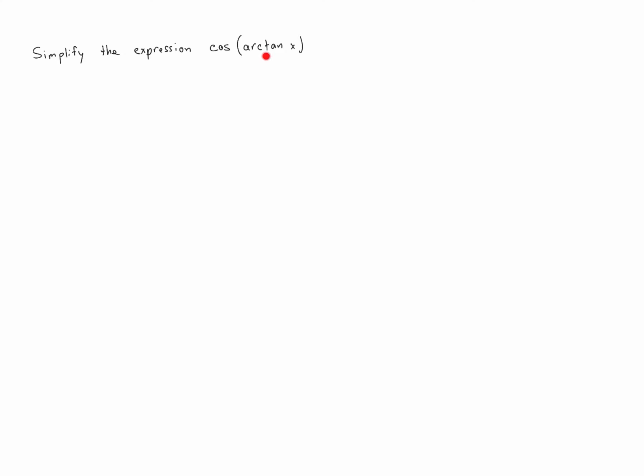Now, if we think about arctangent of x, what that means for us is what angle gives us a tangent that's equal to x. And we can use right triangle trigonometry here to figure that out. So here is a right triangle. And let's say that this angle is theta.